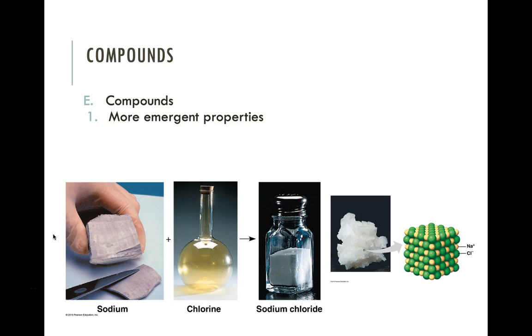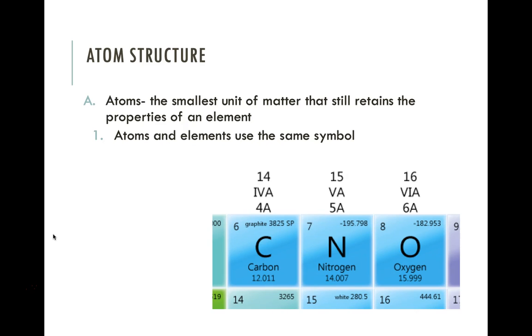So we'll talk about a lot of different compounds. Just understand that an element is a single group of atoms, a single type of atom, whereas a compound is a mixture of different atoms or elements. So let's talk about these atoms. Sometimes atom and element are used interchangeably, and that's because they are essentially the same thing.